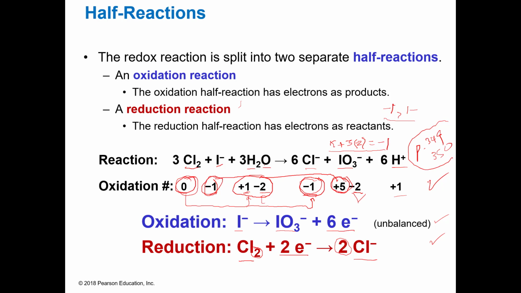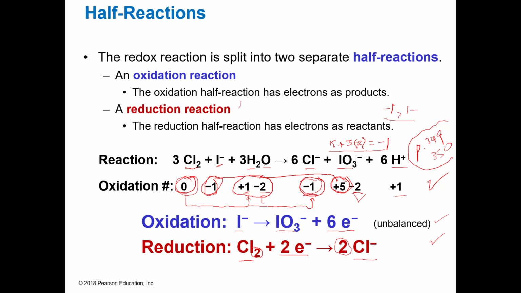Now, it's not balanced. That's okay. What we're talking about here is a step-by-step process. It's sort of lengthy. It's not difficult, but it is a step-by-step process. So first step, you have a balanced chemical equation. Second step, identify the oxidation numbers. Third step, identify what's being oxidized.